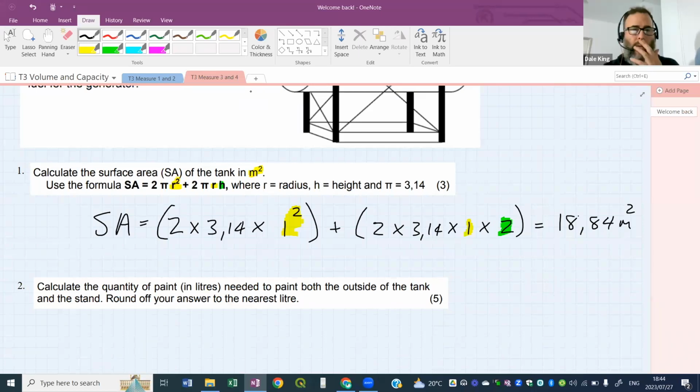Okay, here it comes. So one meter squared equals a thousand. Hold on. 1 meter squared is 1,000 liters of paint.